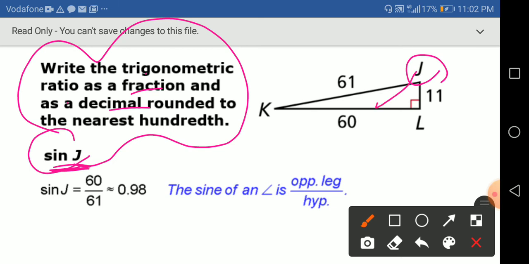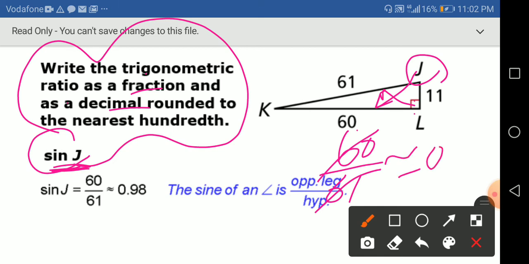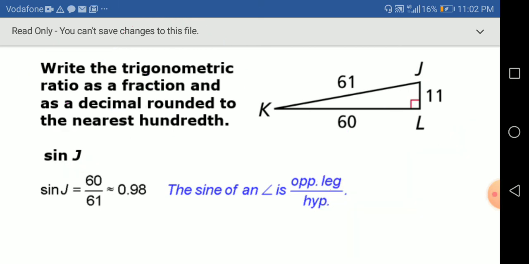What is the opposite here? It's 60. The hypotenuse, the side in front of the right angle, is 61. We are using calculators this quarter, so after rounding it gives 0.98.